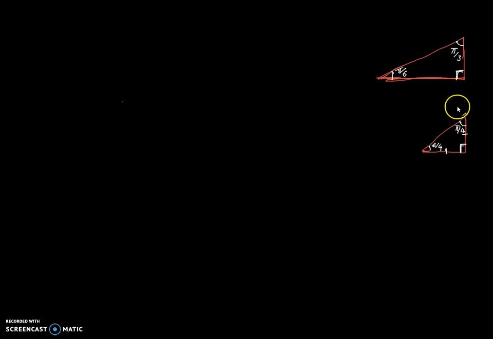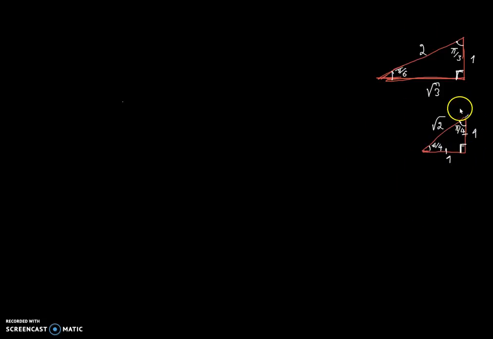So if you have pi by 6, you could take the length of this side to be 2. This side would be 1, and this side would be root 3. And in the case of this triangle, this would be root 2, and this would be 1, and this would be 1.